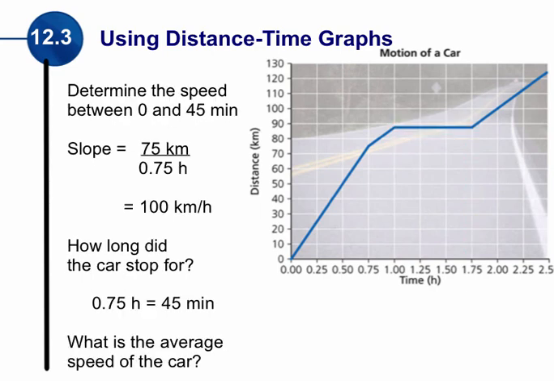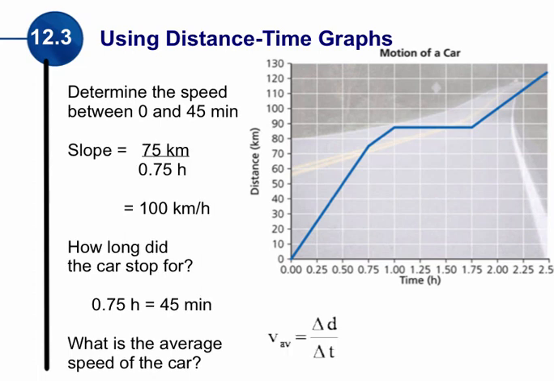We could also use this information to find the average speed of the car. And remember, average speed is the total distance divided by the total time. Just find the total distance, and there's the point where the total distance occurs.